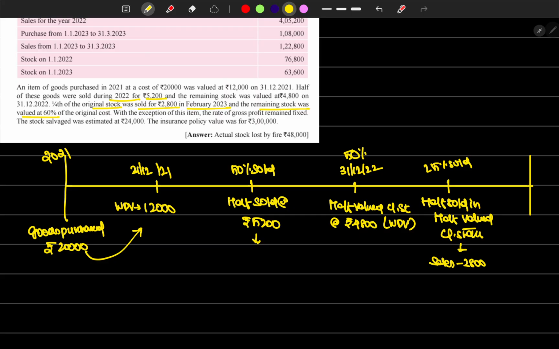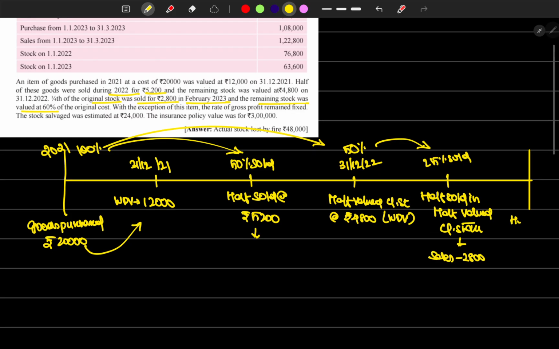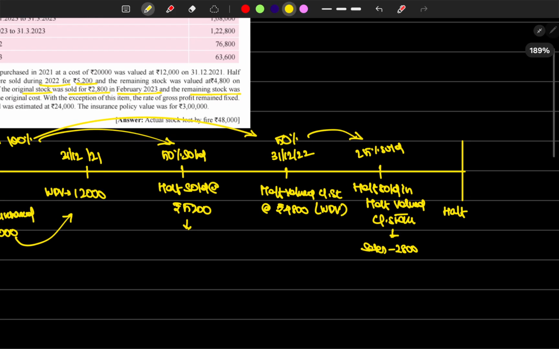This is the 100% amount. 100% has been split into 50% and 50%, and then this 50% has been split into 25% and the remaining stock, which is half of the valued closing stock.